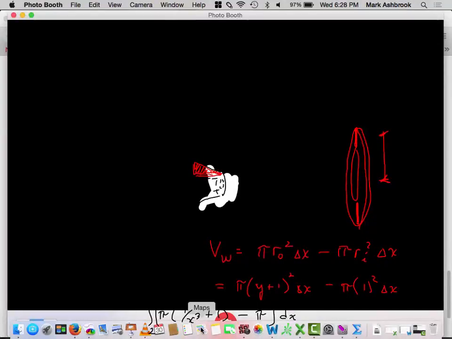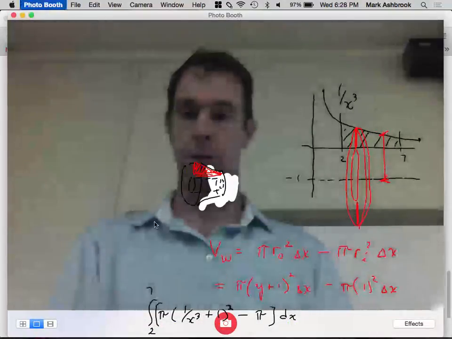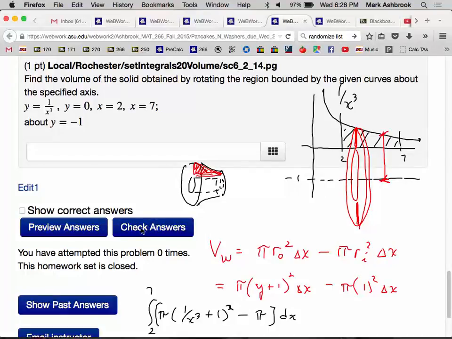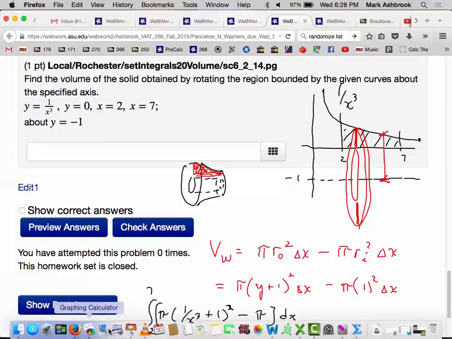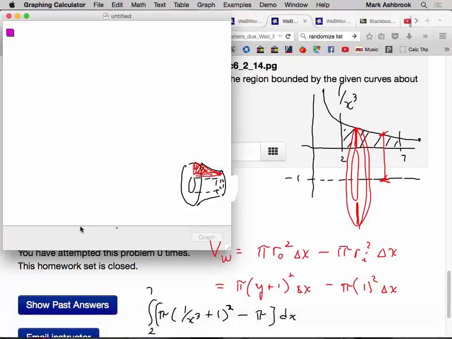Gee whiz, opening all these things here. Okay, I want to open this. There we go. So we went 2 to 7 of, so we'll do pi times on the outside, 1 over x cubed plus 1, squared, minus 1.